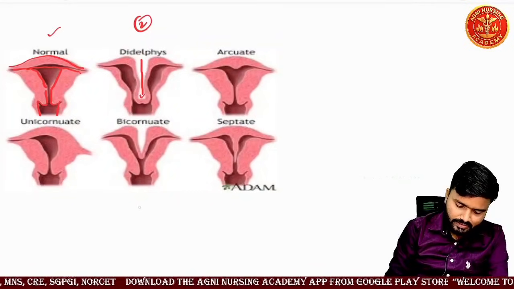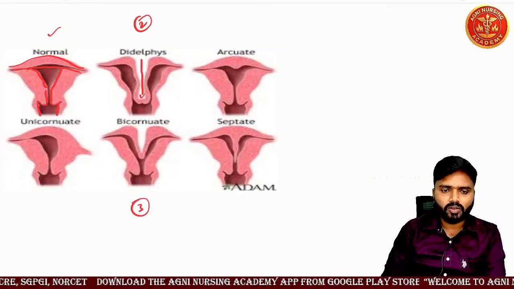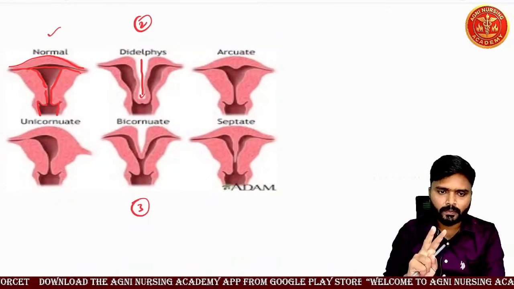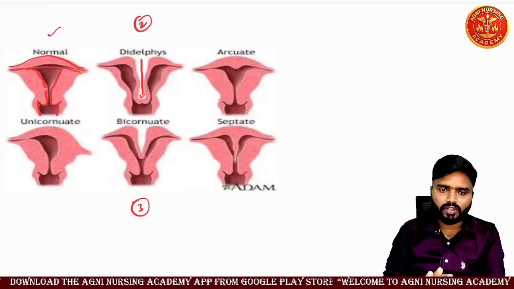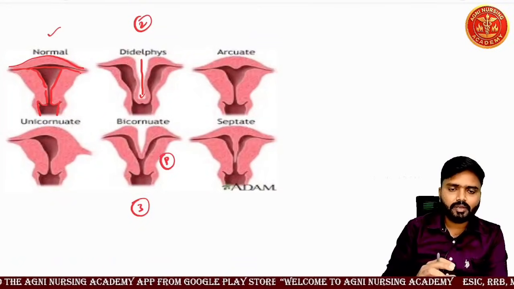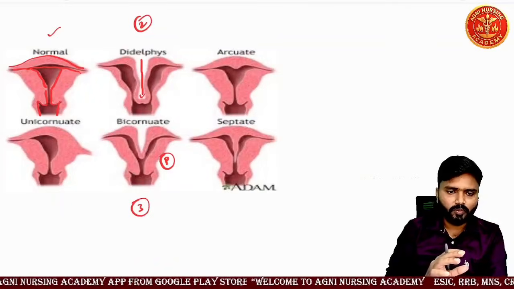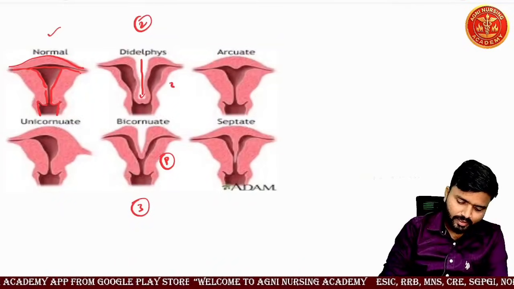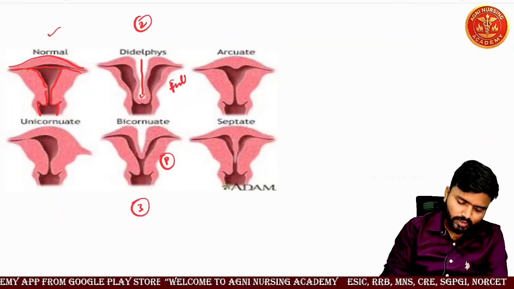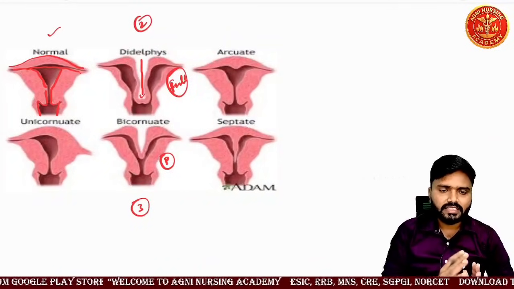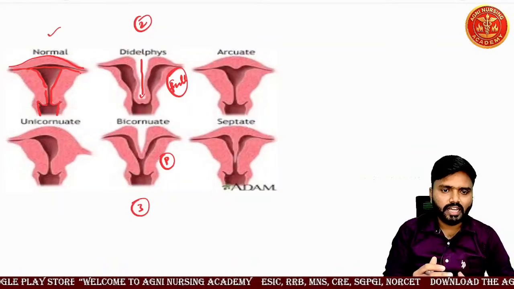Again you can see the third image, the bicornuate uterus. The didelphus and bicornuate uterus are almost similar, but in bicornuate there is partial incomplete fusion of the fundus, whereas in didelphus there is complete failure of fusion of the fundus. So both are almost similar.